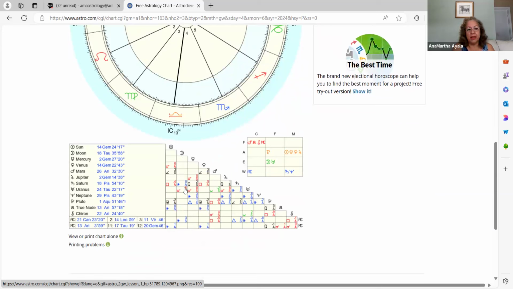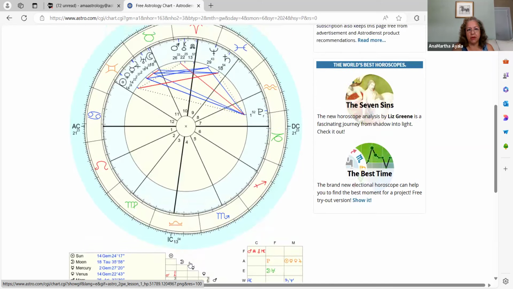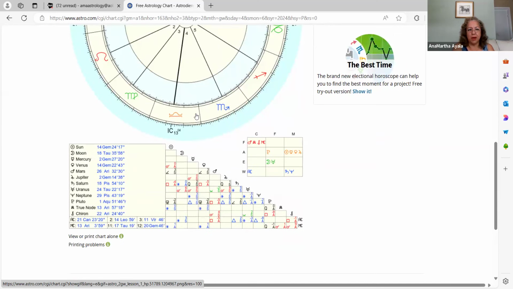Now, in this chart, the way you read this is, let's say the sun is squared to Saturn. So you have the sun squaring Saturn. And you can see that the sun has a red line to Saturn. That's a square, right?